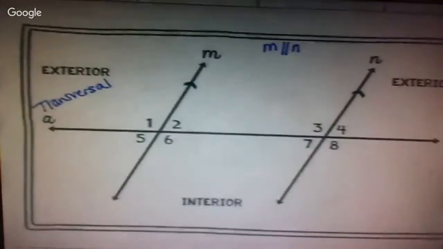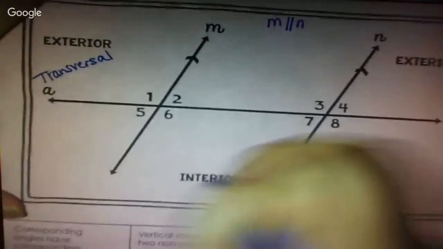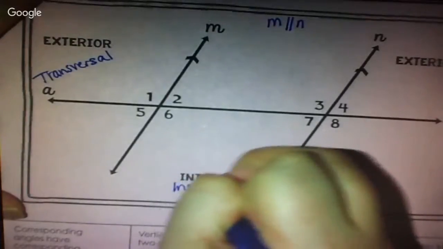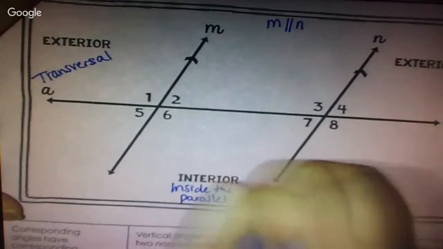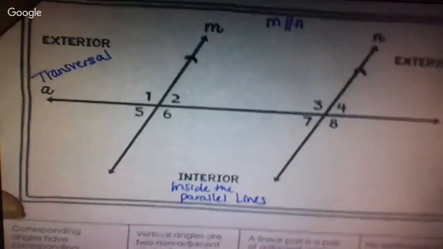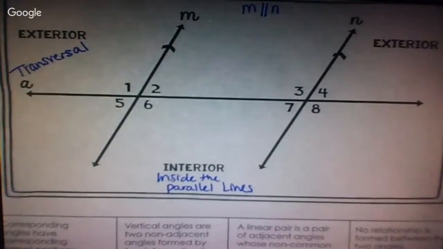So when you've got this picture, you've got different sections. You've got an exterior section and an interior section. If you are interior, that means what? Inside. So inside the parallel lines. If we're talking interior, your angle is inside of the parallel lines.